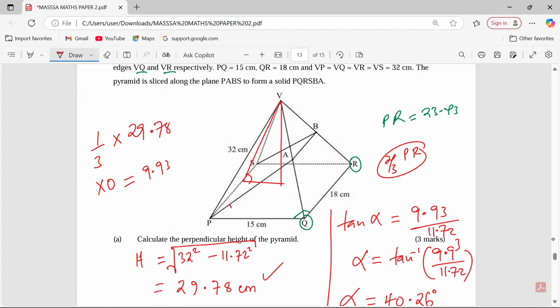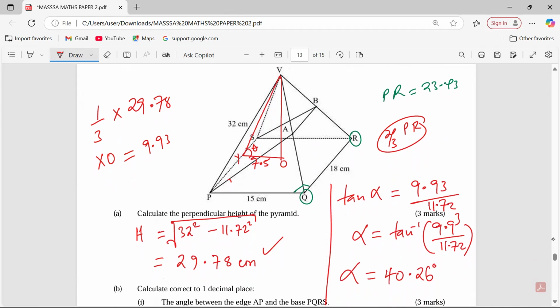So we have the perpendicular height, and also assuming this is Y, this is O, we have the distance from Y to O, which is 7.5. So the angle at this point can be obtained first between VSP and the base. The height is 29.78.